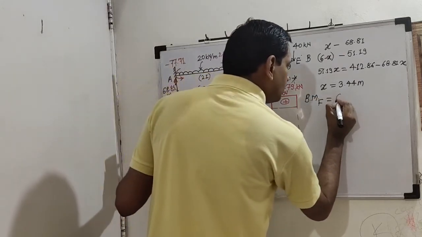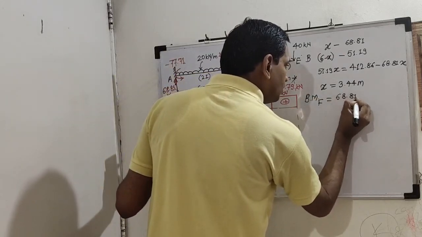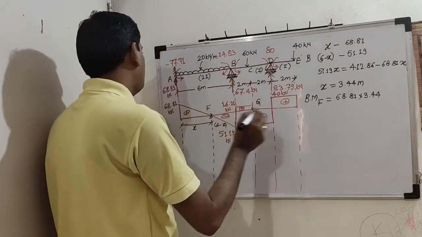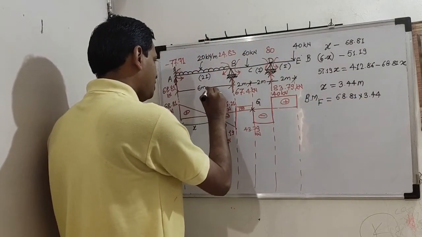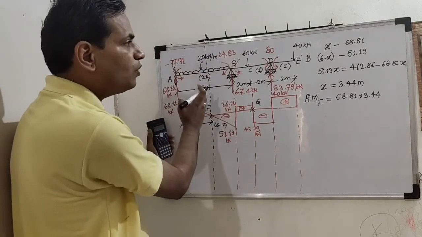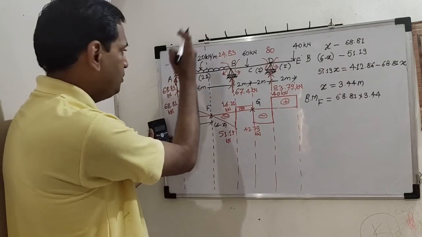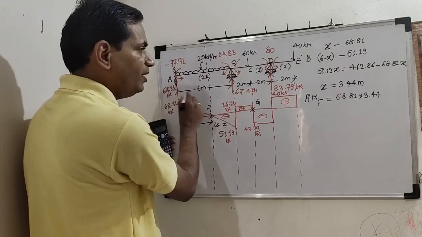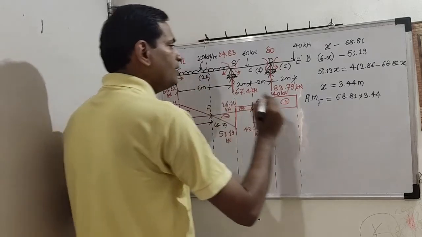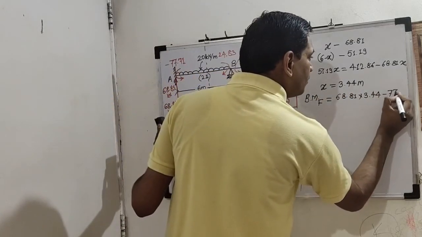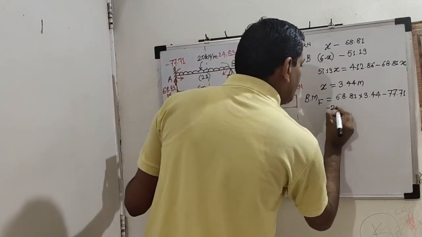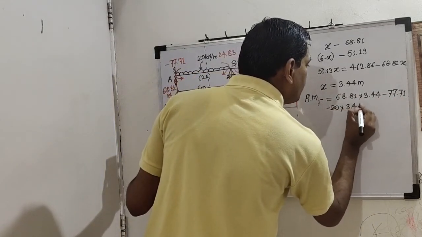So 68.81 into 3.44, because the section is here at point F. You assume now everything in the loading diagram on the left hand side of this section. So 68.81 into 3.44 minus 77.71 minus 20 into 3.44 square by 2.